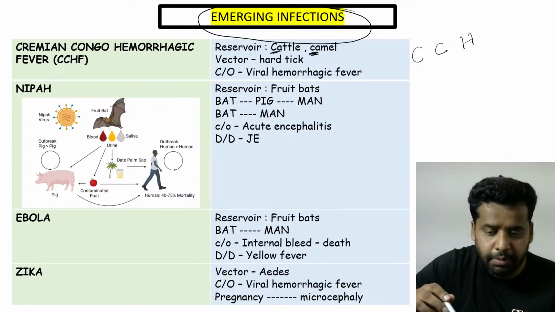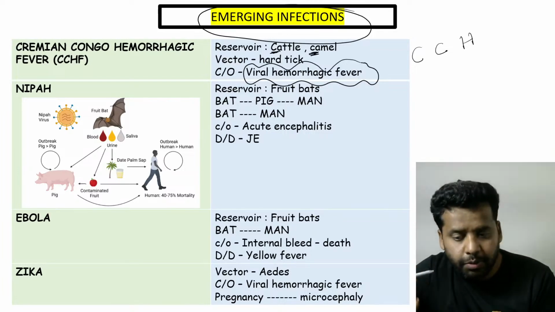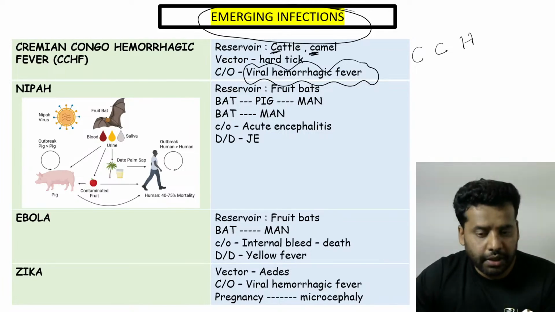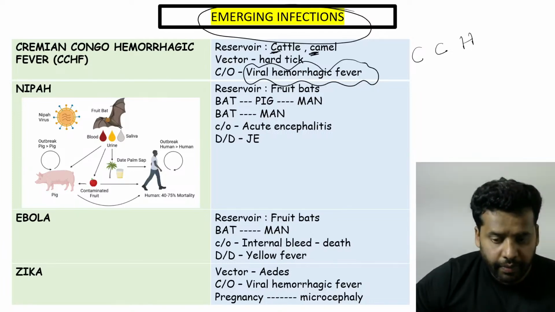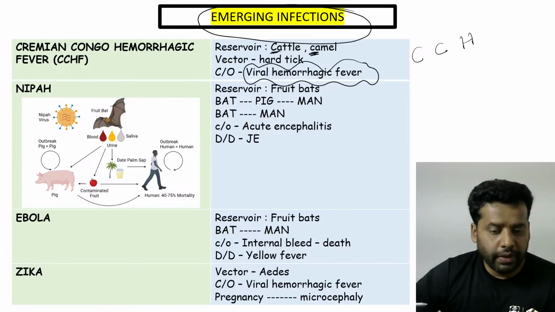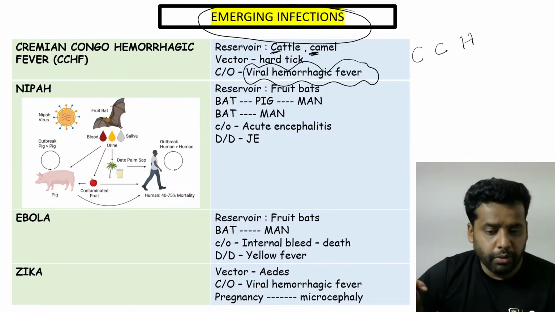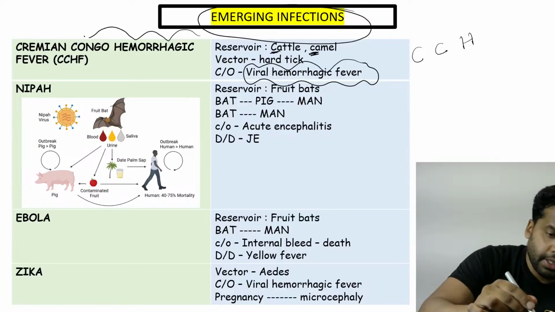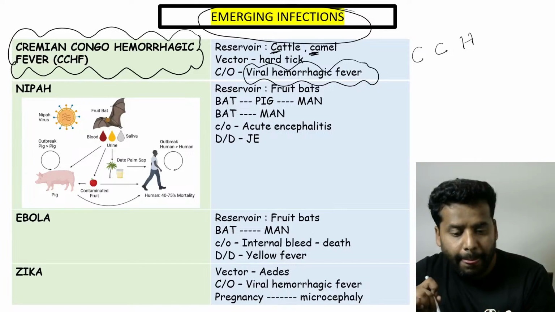What is the symptom? Viral hemorrhagic fever. After exposure to cattle or camel, the vector is hard ticks. There are chances of fever and rash. CCHF will present as viral hemorrhagic fever.